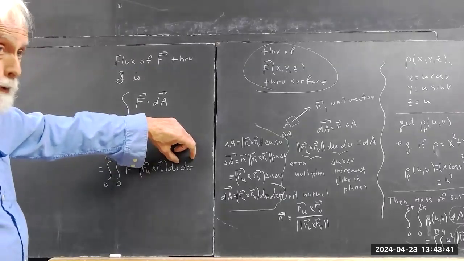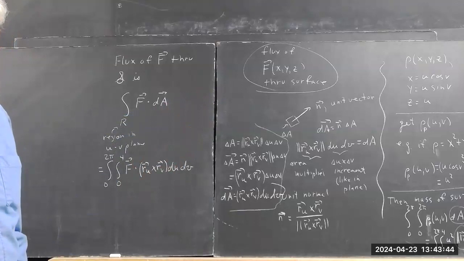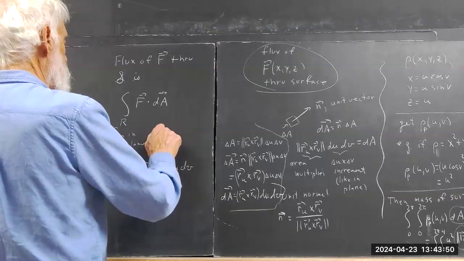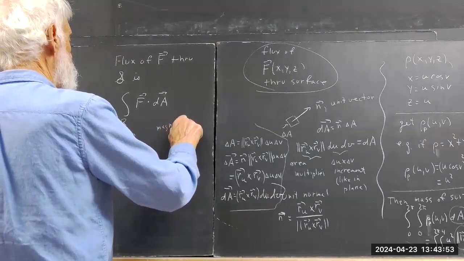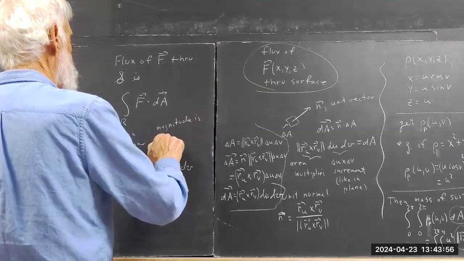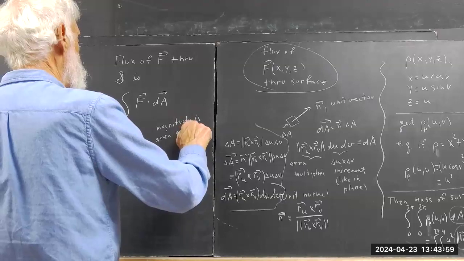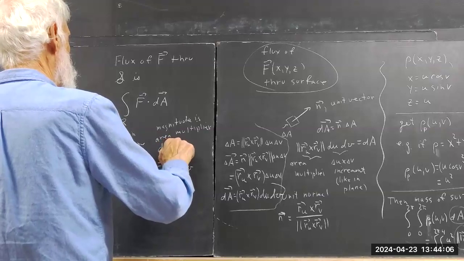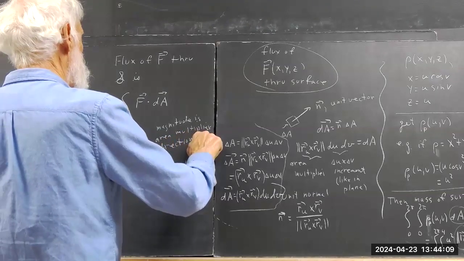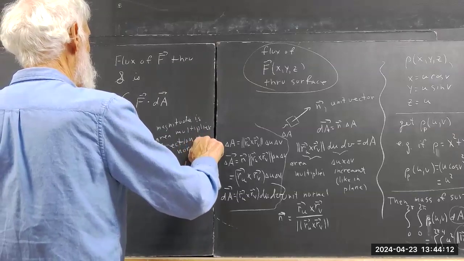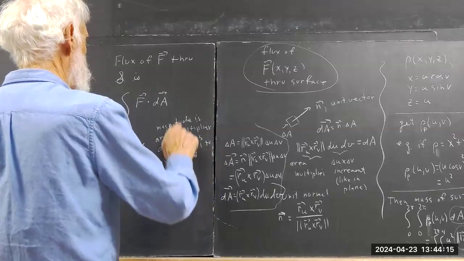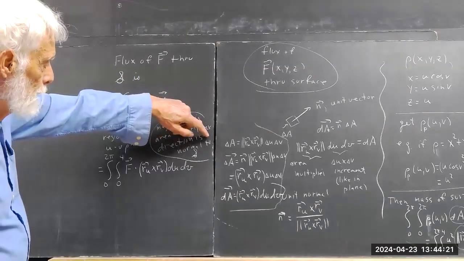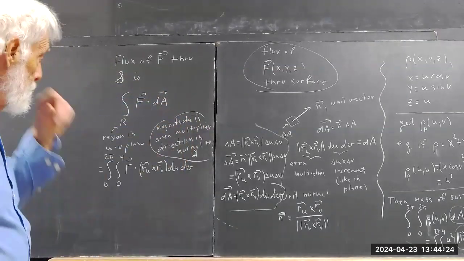Its magnitude is the area multiplier and its direction is normal. Magnitude is the area multiplier. Direction is the normal to the surface script S.